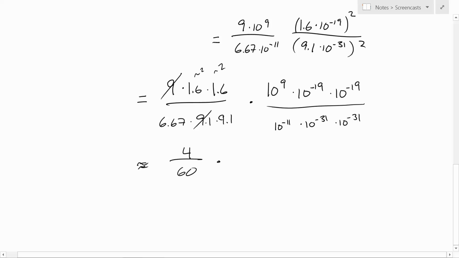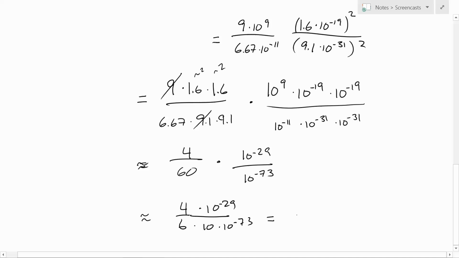So 9 and negative 19 is negative 10, so that's negative 29 on the top. And then down here we have 62, 73. That seems pretty terrifying. So 4 over 60, that's another power of 10 down there, so that's 4 over 6, times 10 to the negative 29th over 10 to the negative 73.